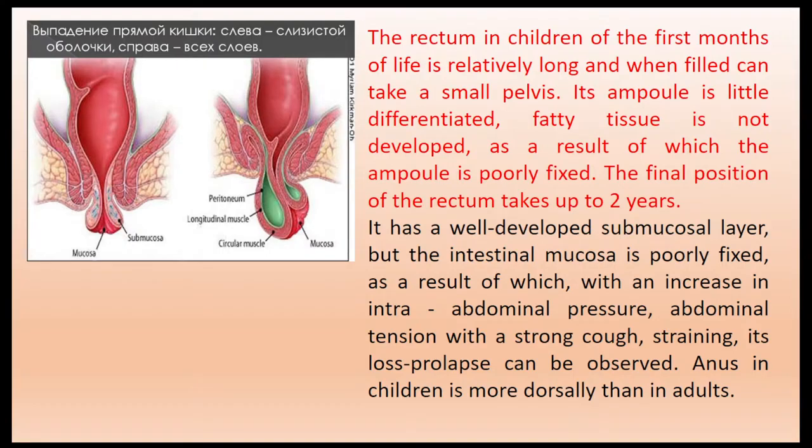It has a well-developed submucous layer, but the intestinal mucosa is poorly fixed, so with an increase in intra-abdominal pressure, such as abdominal tension, a strong cough, or straining, prolapse can be observed. The anus in children is located more dorsally than in adults.